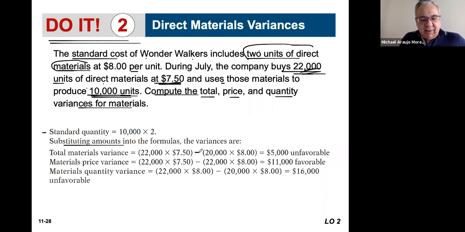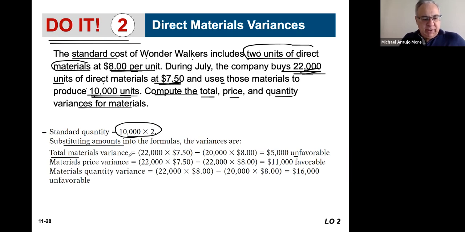They had a standard of 20,000 units, that's this, times the $8 per unit. That's the standard. So the actual minus the standard gave them an unfavorable variance of $5,000.